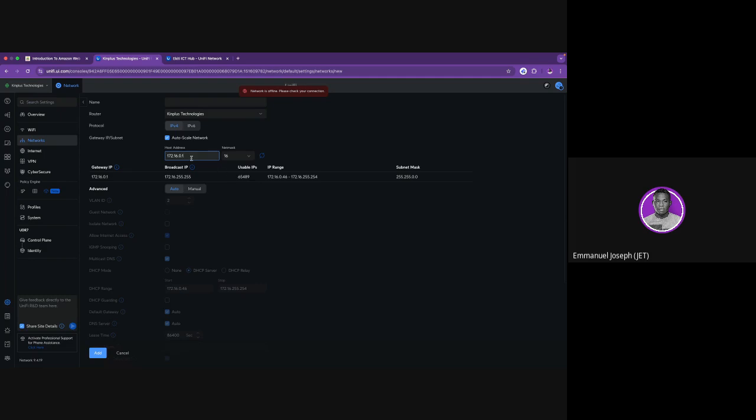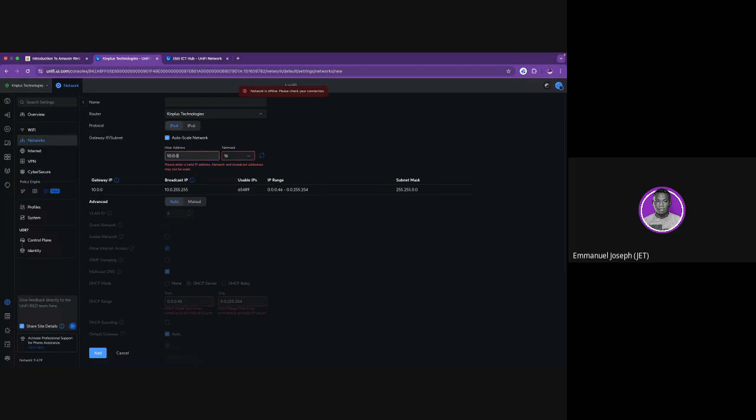Class A starts from 10.0.0.0, and for that one we're having /8, but this one is not available to scale on this platform.